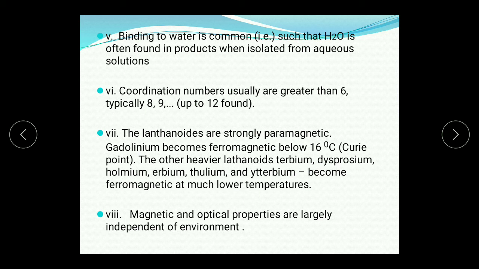Magnetic properties we have seen, paramagnetism and ferromagnetism. And optical properties, as we learned in transition elements, are largely independent of environment; they don't depend on environmental factors. So these are the properties of F block elements.